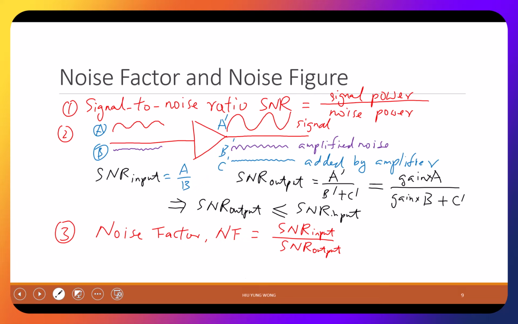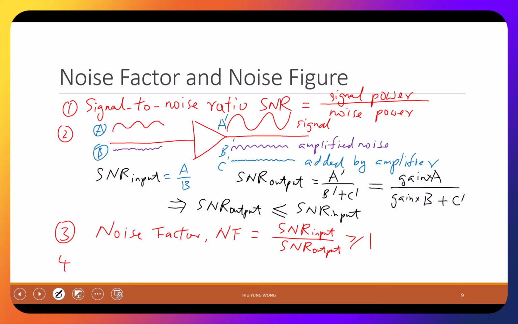It means the noise factor of this circuit changed the signal to noise ratio by this much. Again, because the signal to noise ratio at the output is smaller, this one is larger than or equal to 1. Make sense?